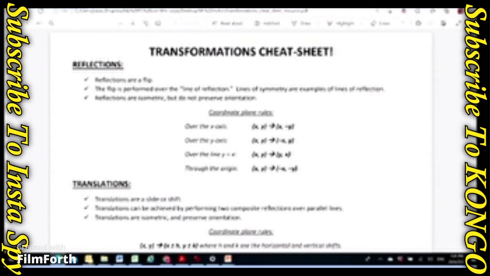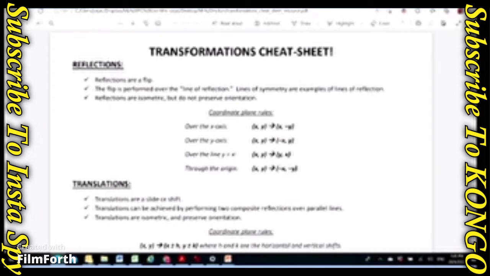For the y-axis, y remains the same and x changes. For y equals x, the x and y flip around, and there's another one, y equals minus x. Reflection through the origin, or 180 degrees, gives minus x, minus y.